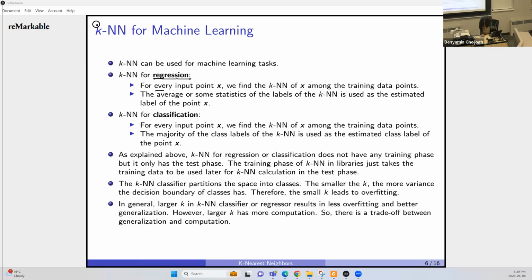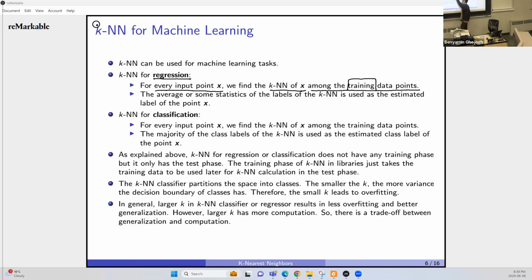For every input point x, we find the KNN of x among the training points. This is important: among the training points, not the test points. We have a bunch of training data points. Among the training points, we find the k nearest neighbors of x. And this x can be either a training point or a test point.